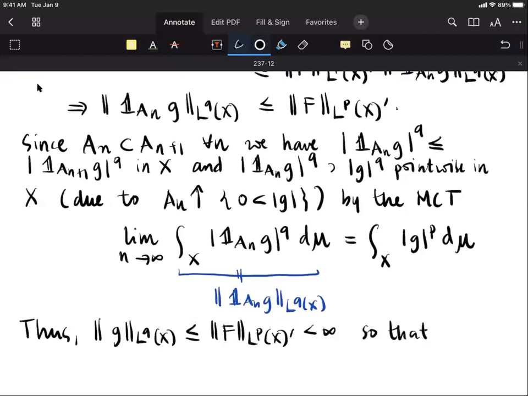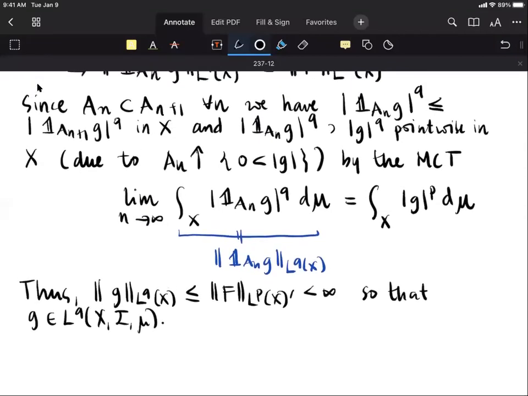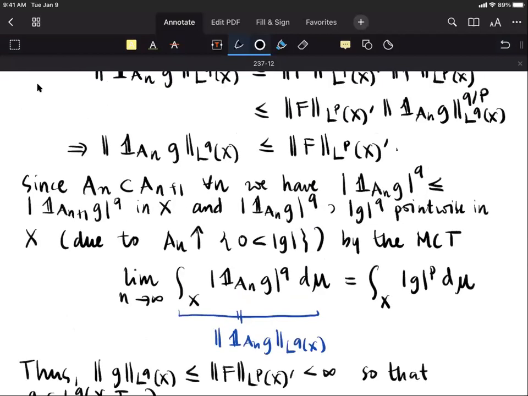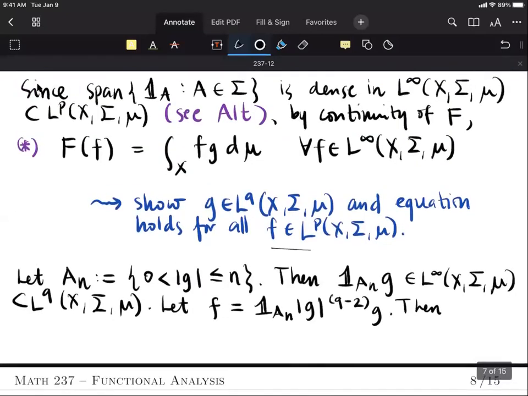So that f, or I should say g, is in LQ. And take note that we also need to show this one.